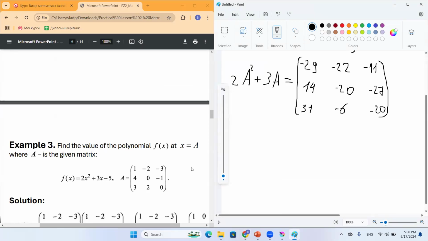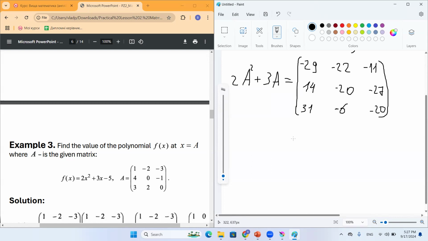We need to calculate the matrix and after this add -5.